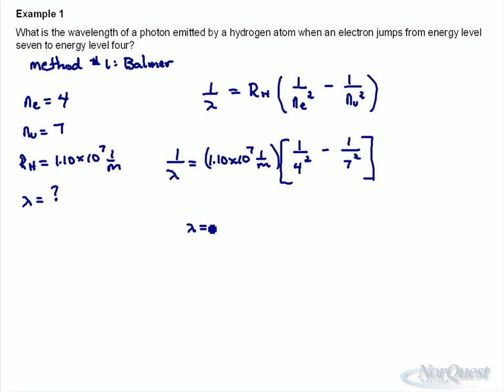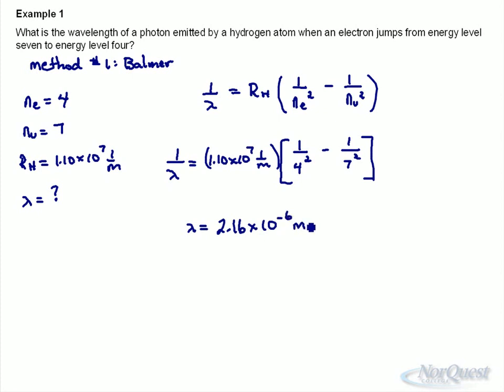I'm going to work out the square brackets first: 1 divided by 16, subtract 1 divided by 49, which is just the square of those numbers, times 1.10 to the exponent 7. That's equal to 1 over lambda. So if you use your x to the negative 1 key or your reciprocal key, you should get 2.16 times 10 to the negative 6 meters.